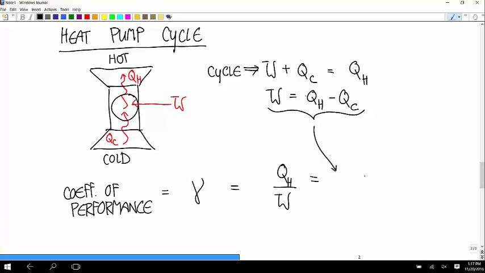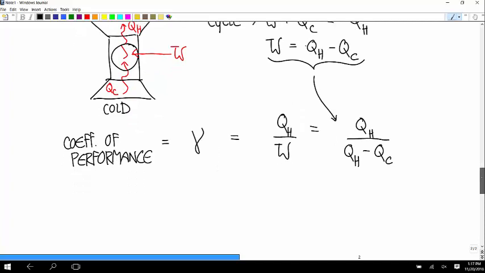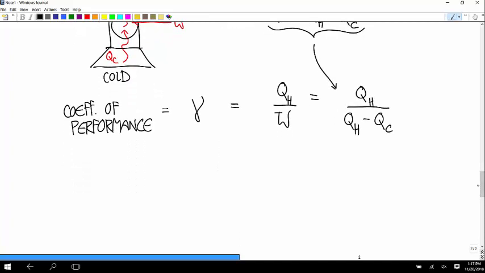And so we can substitute that in and we get QH over the quantity QH minus QC. Okay, so right now, if you were able to calculate the heat transfer at the different reservoirs into the system and out of the system, you could calculate how efficient it is. You can calculate how well this thing is functioning for what you want it to do.